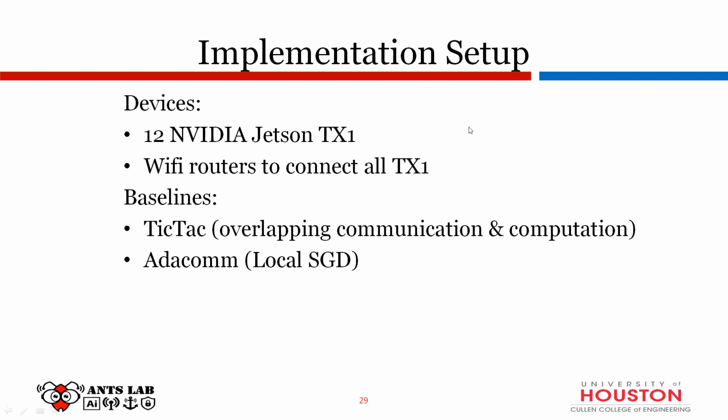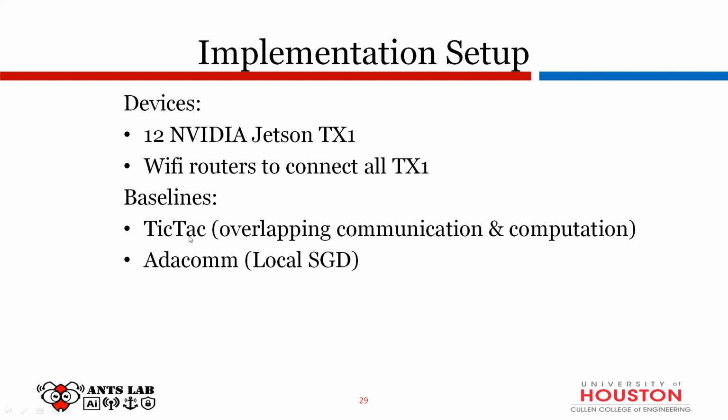Okay, so for this case, I think they do this because Tic-Tac is known for the overlapping situation. The only benefit they can claim is, okay, if I do important sampling, I can achieve faster convergence.